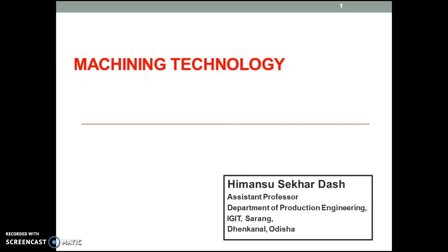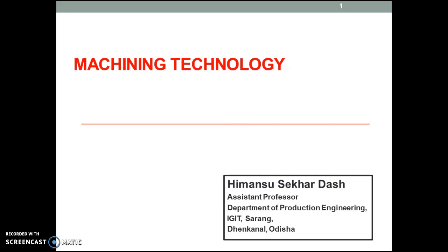Those things we have already discussed. Next, the conversion of ASA to ORS or ORS to ASA, and then the effect of cutting tool geometry on the machining process, how it is affecting.